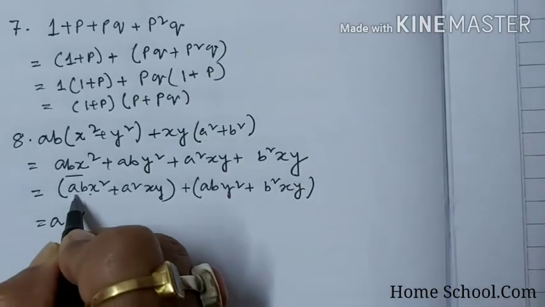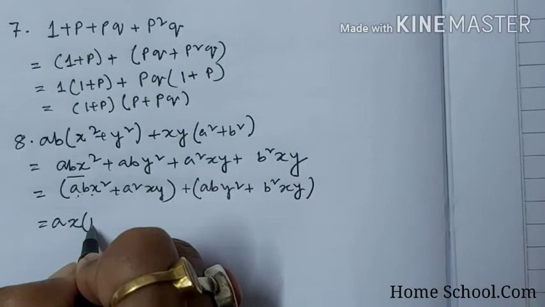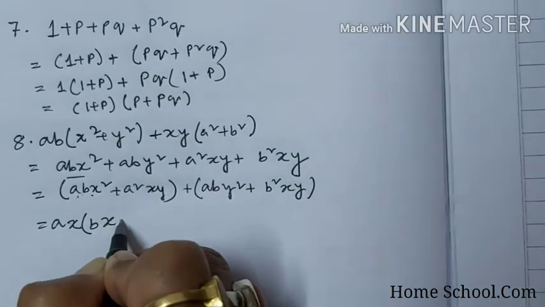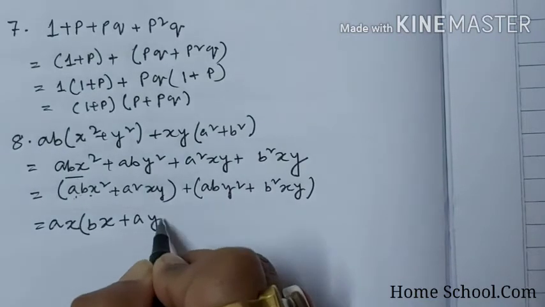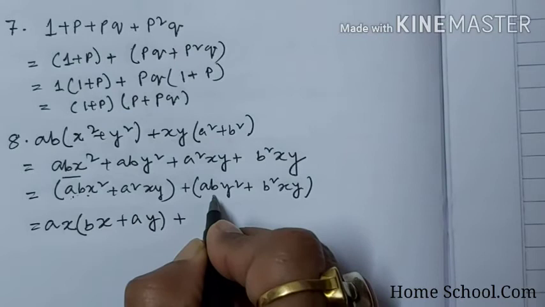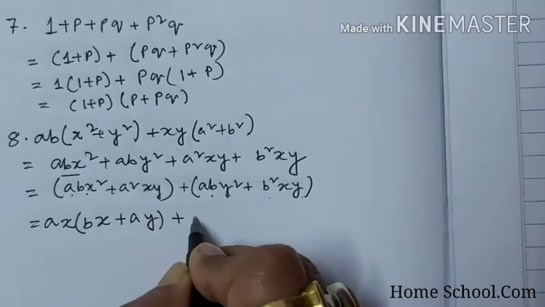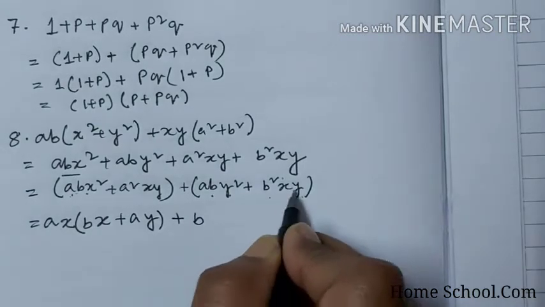If you take common, a is not in the second term, x is, b is 1 and x is 1, right? So a is left, xy is left. Now here you can take by common: b and b square, b is the lowest; y square and y, y is the lowest.